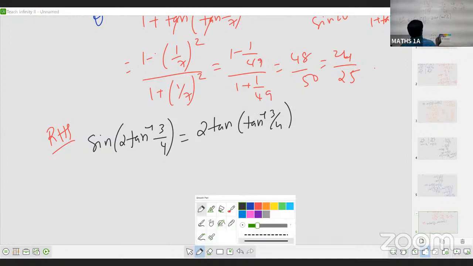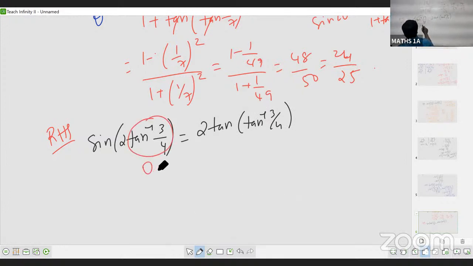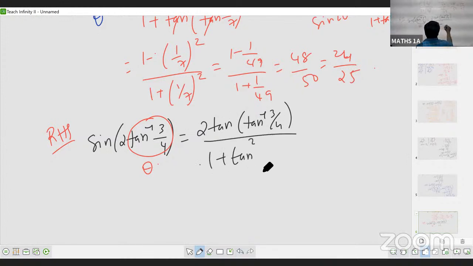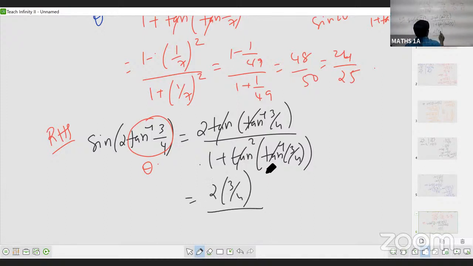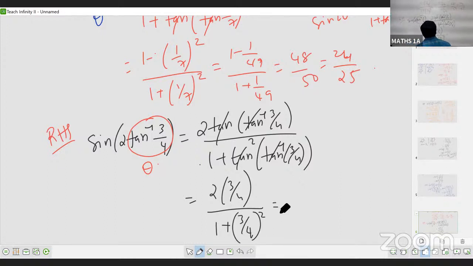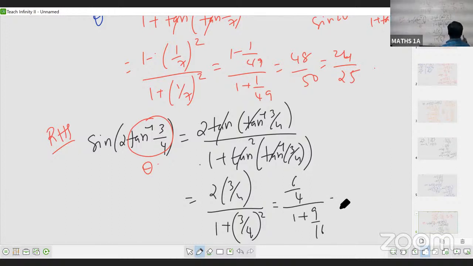Tan and tan inverse get cancelled: 2 into 3 by 4 by 1 plus 3 by 4 whole square. 2 3s are 6 by 4 by 1 plus 9 by 16.